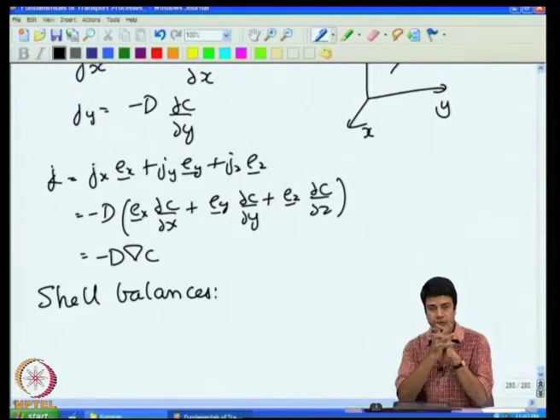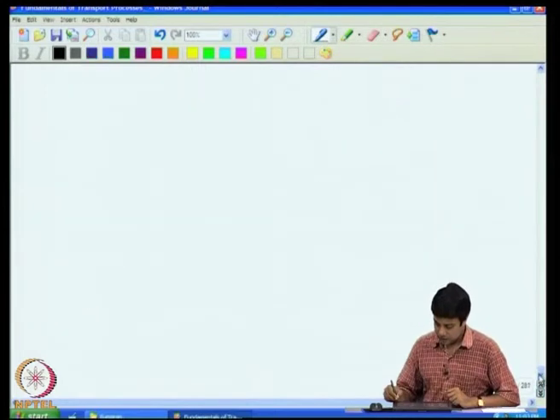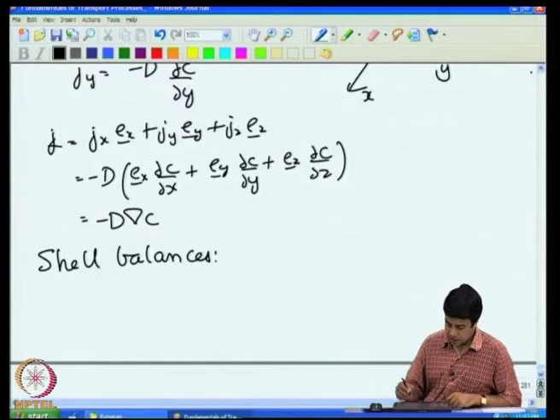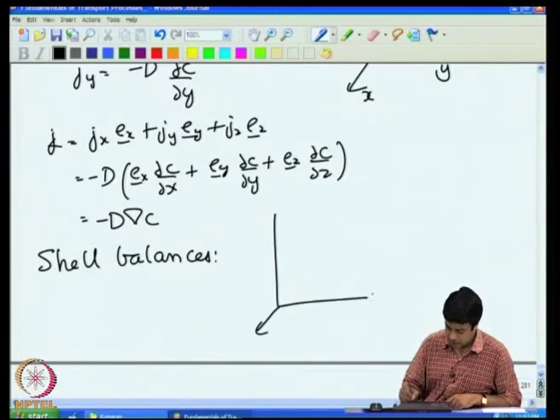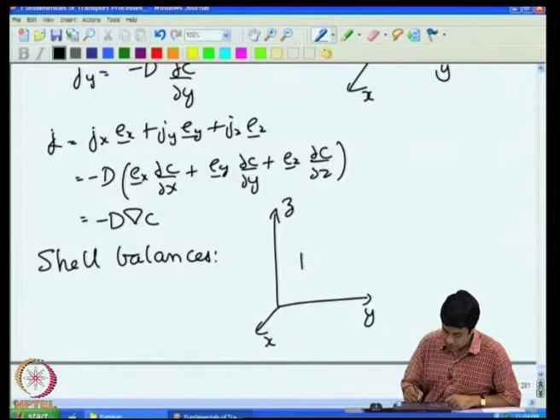Now, in shell balances we basically use mass, momentum or energy conservation conditions. And depending upon the coordinate system that we take, let us say we take a Cartesian coordinate system, we take a differential volume.